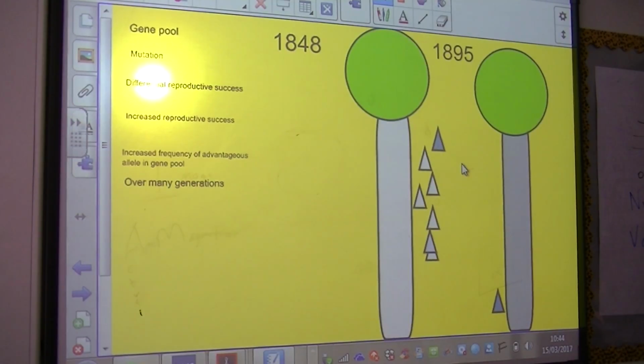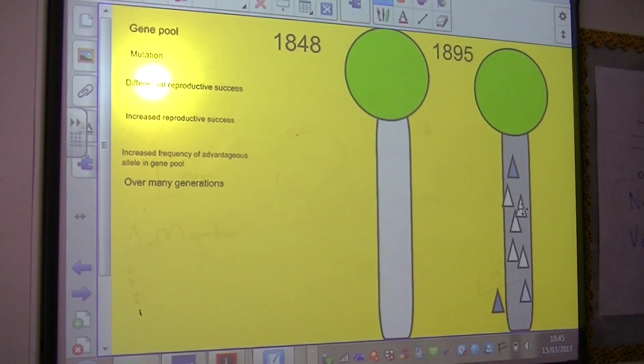Now, that mutation provided an advantageous allele. Now, that's new phrases. It was advantageous because as the Industrial Revolution increased, the soot covering on the trees increased, and that allele provided an increased level of camouflage due to the change in environment.